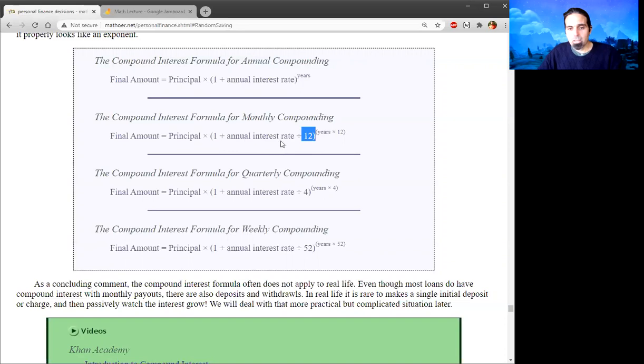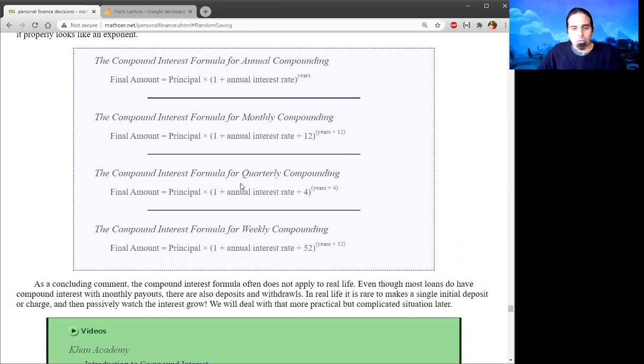We need to split up the annual interest rate among 12 different compounding periods. Every month, something happens. And if they tell us how many years long the loan is, then we need to multiply it by 12 because each month triggers an event.